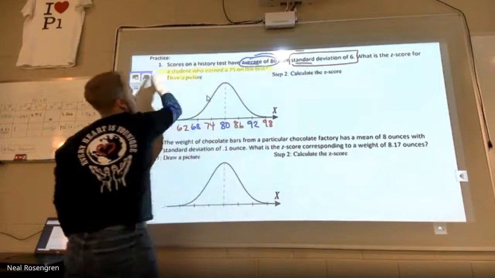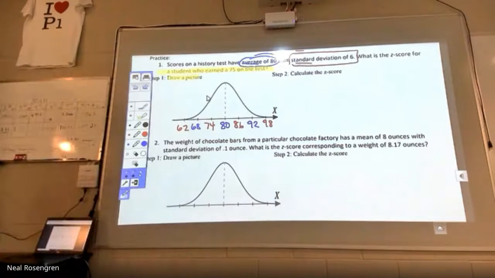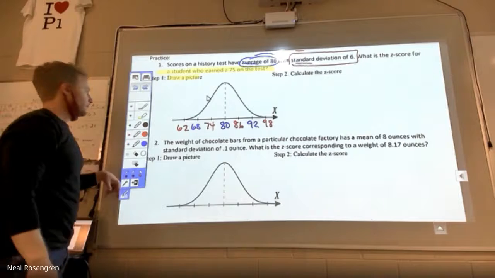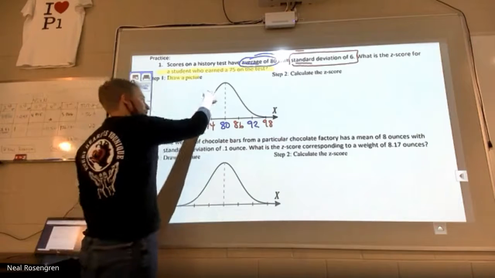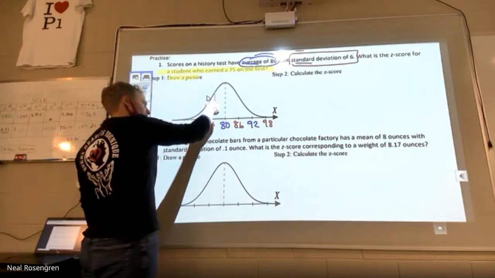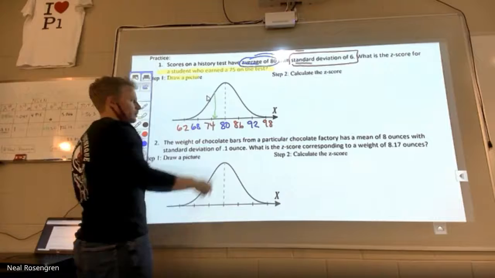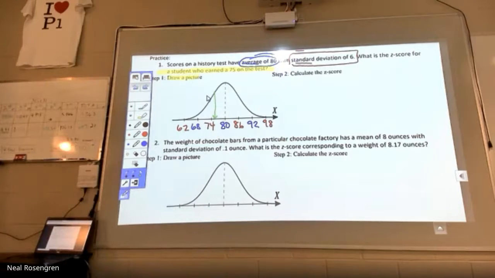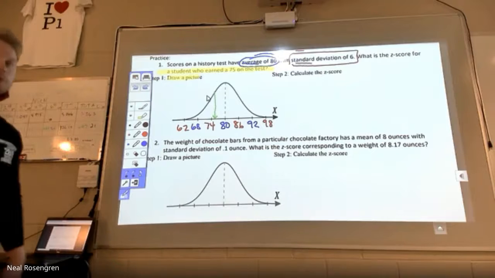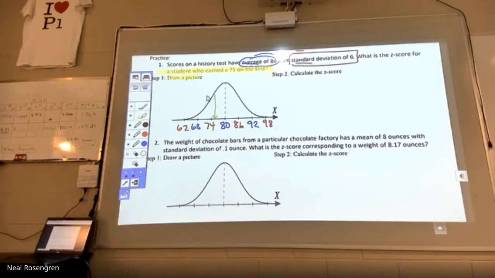And then you look for your one value. And again, you want to be like, all right, I think I know where that number is supposed to be. That's where 75 is, right? Just a little bit to the right of 74. And if you get a z-score that's like negative 30, no way, I'm way off.